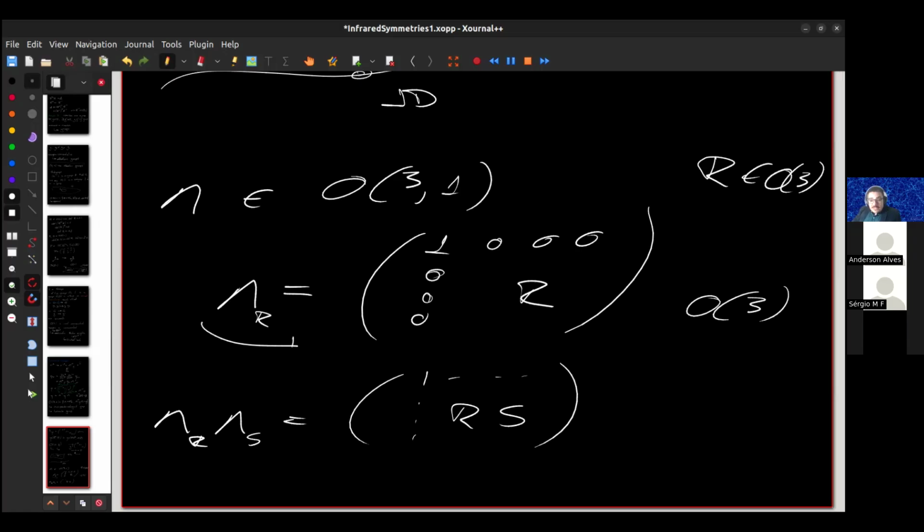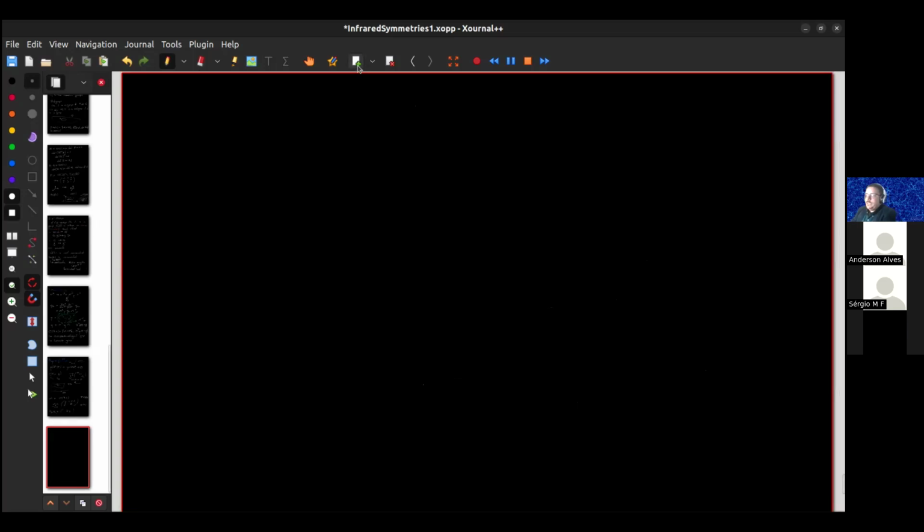However, if you want to be very technical and precise, you may argue that this is not really O3, because O3 is made of 3 by 3 matrices, while this here is a 4 by 4 matrix. So this isn't really an element of O3, but we should be able to understand it as an element of O3 in some way.